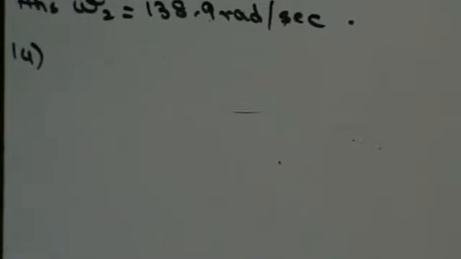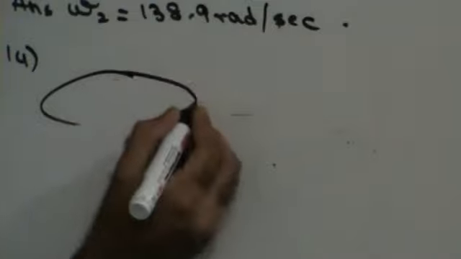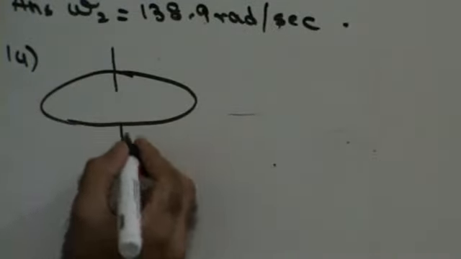The radius of gyration of a disk about an axis passing through its center and perpendicular to its plane is 5 centimeters.